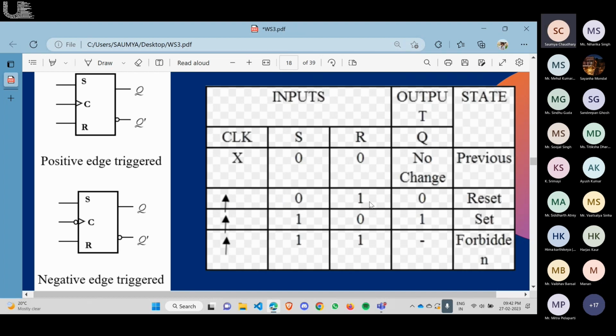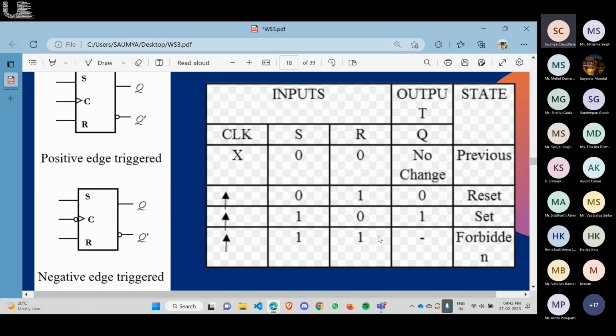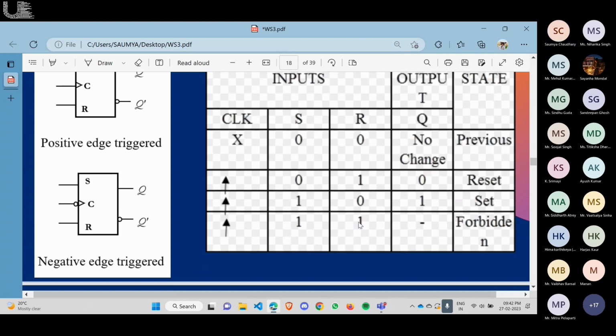So here it will be 0 when the output will be 0, as we have seen in the SR latch also. Similarly, it will behave. But the main difference is the output will change when the clock is going from 0 to 1. The same as we have seen, when SR is 1, 1, it is a forbidden state.